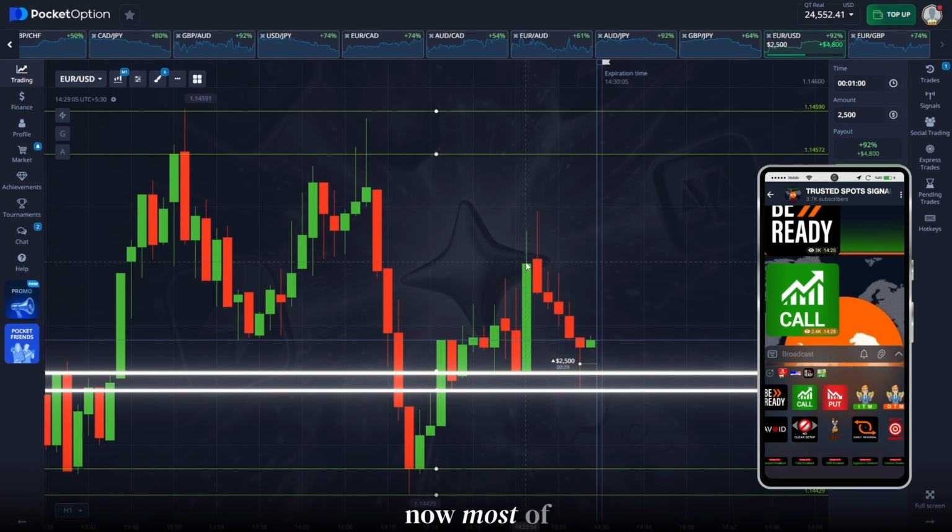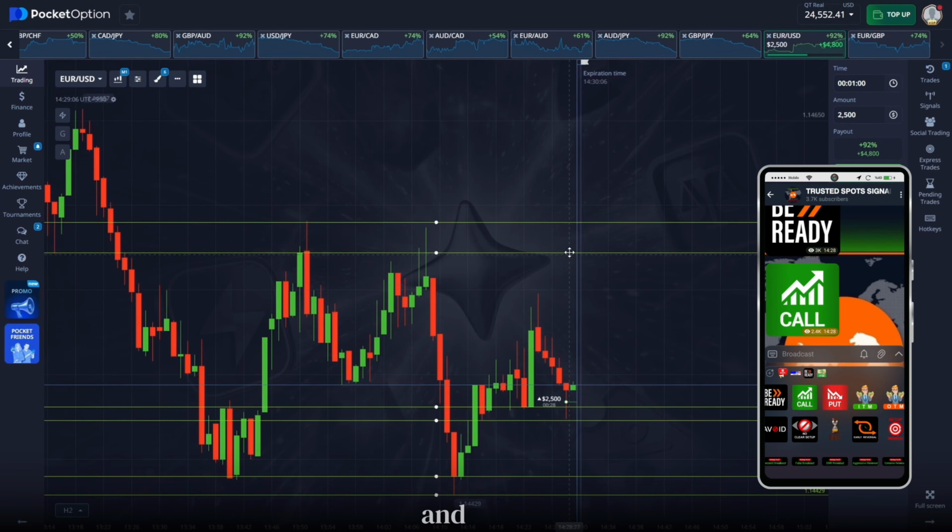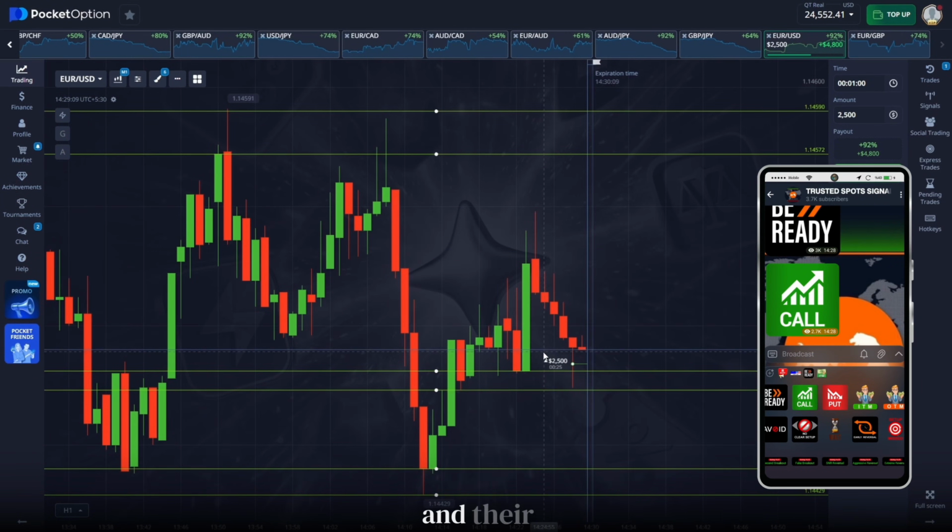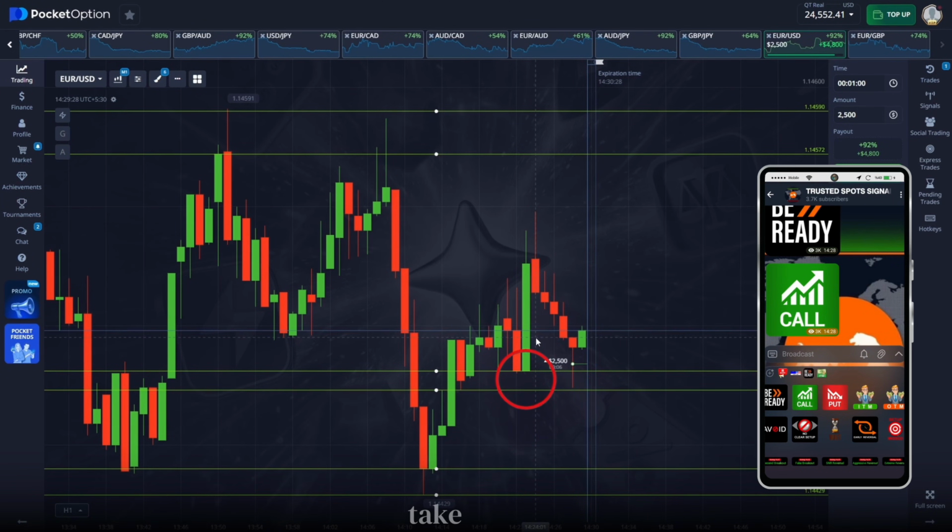Now, most of the traders will place buy orders and their target will be this resistance, and their stop losses will lie in the middle. But I was targeting a reversal trade from this zone because if price wants to grab everyone, then it will fall completely, will hit the bottom here, because those who are buying with this candle will most likely place their stop losses here, and some traders who want to take bigger risk will place stop losses at this bottom.